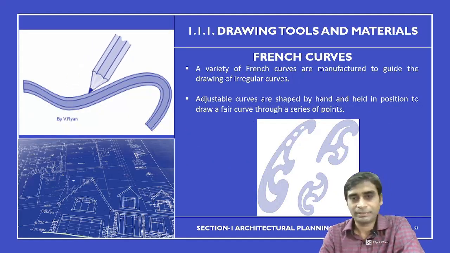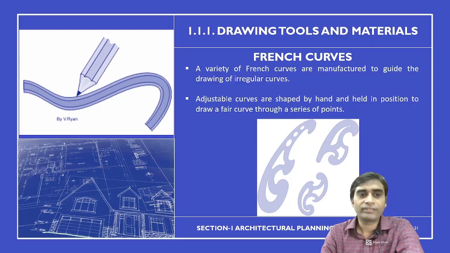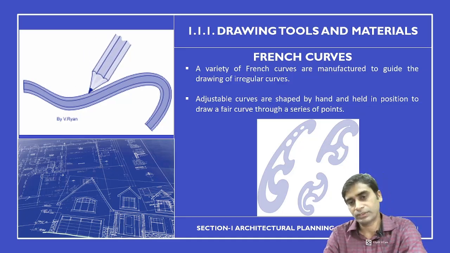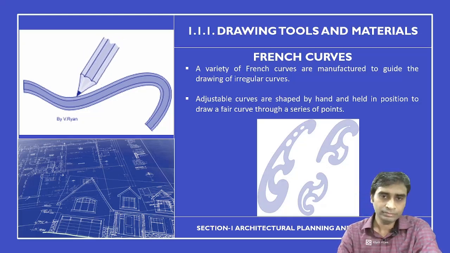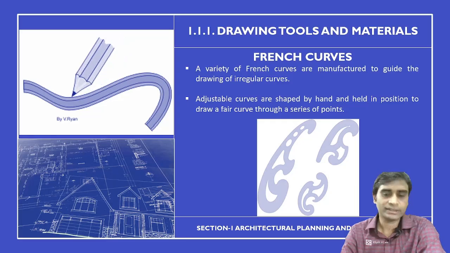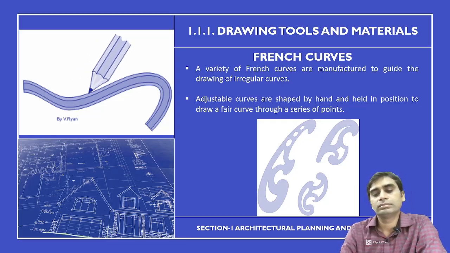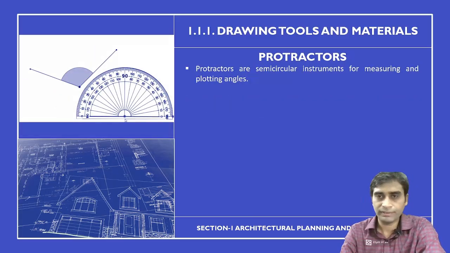Next is the French curves. A variety of French curves are available in the market. It is used for drawing curves with a series of points, basically the curved lines we were using in drafting.